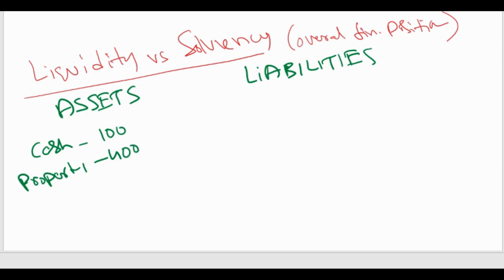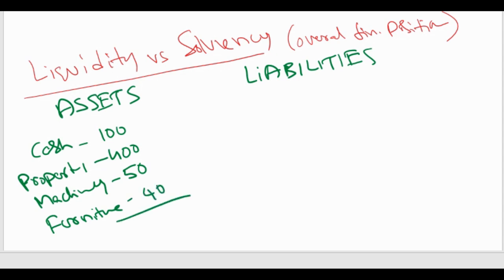And you have some machinery of let's say 50 million, and then you have some furniture of 40 million. So total how much? 590, right? You have total assets worth 590 million.